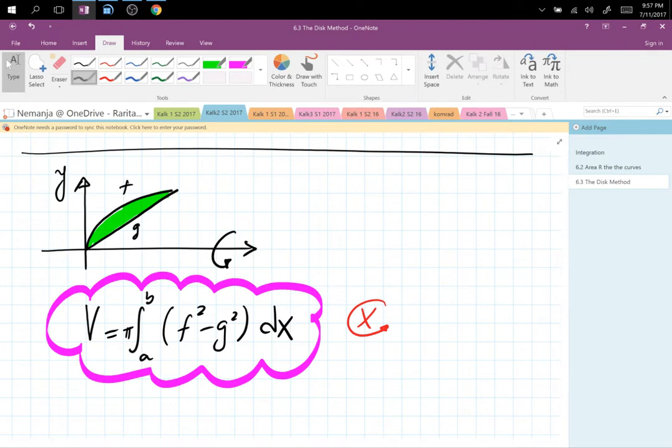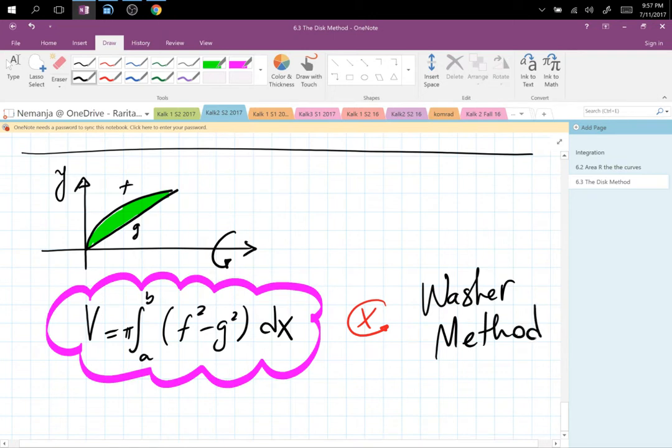This method is called the washer method. It's called the washer because anytime you get the shape and you cut it, you're getting washers. You know what the washers are, right? It's that metal ring with a hole inside. That's a washer.